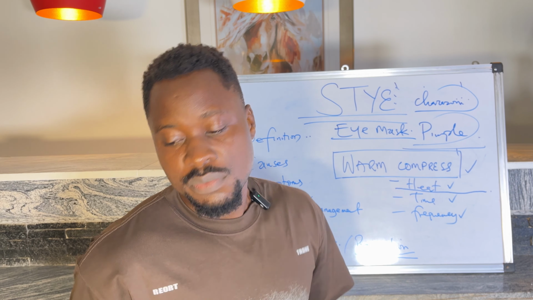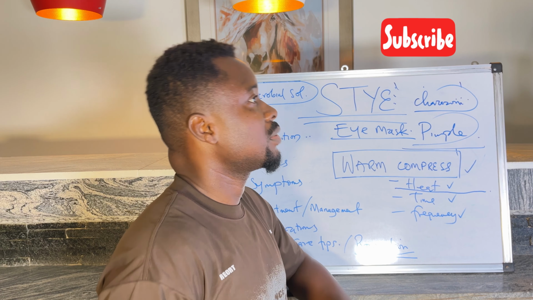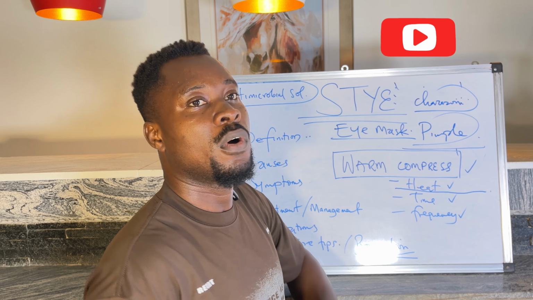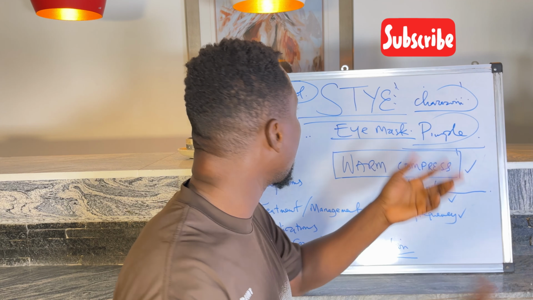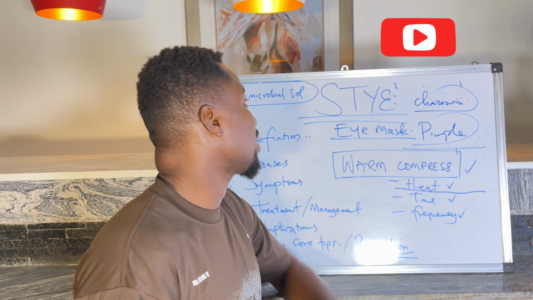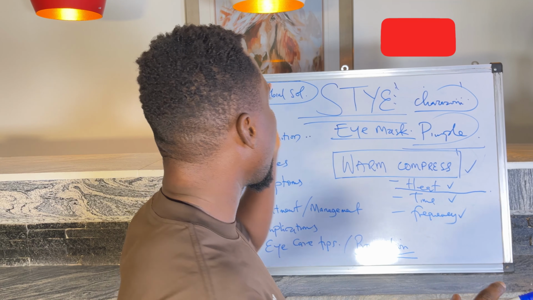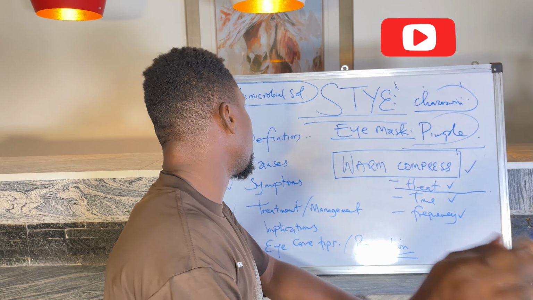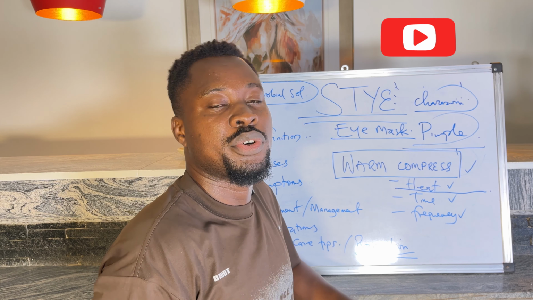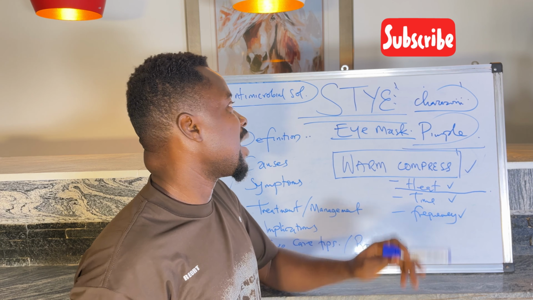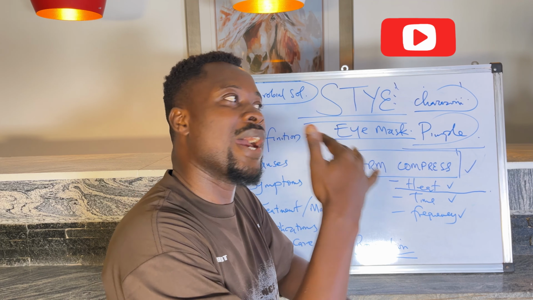Well, it is also very important to point out that whenever you have stye or any inflammation that has to do with your eyelid, probably blepharitis, you also need to understand that personal hygiene, especially cleaning your eyelid, is very important, especially with antimicrobial solution. This is why you need to talk to your eye doctor so that you know the best antimicrobial solution to use. You can always use it to clean your eyelid.